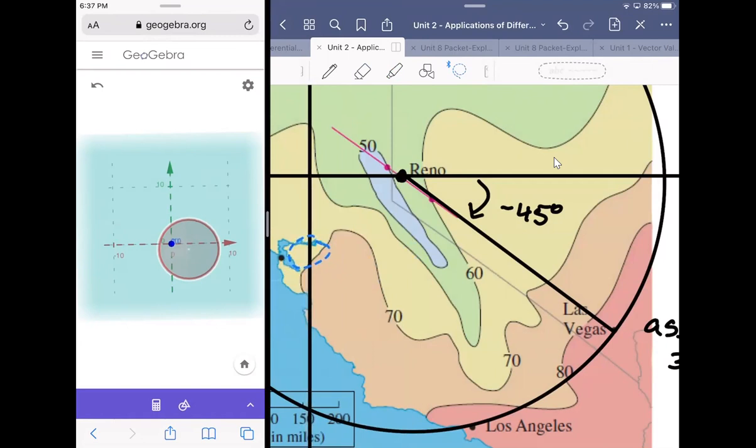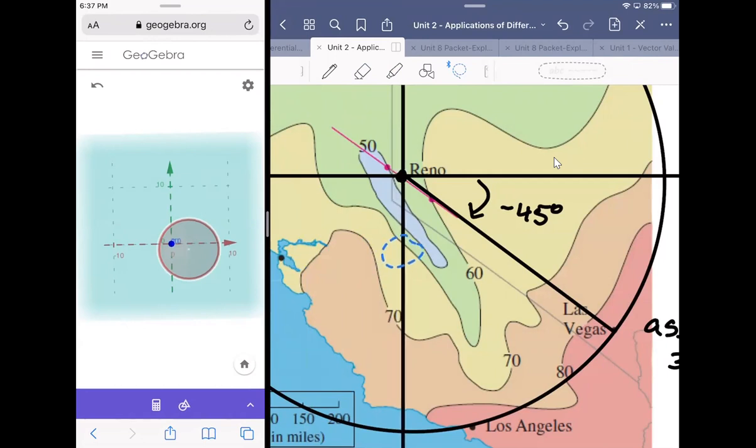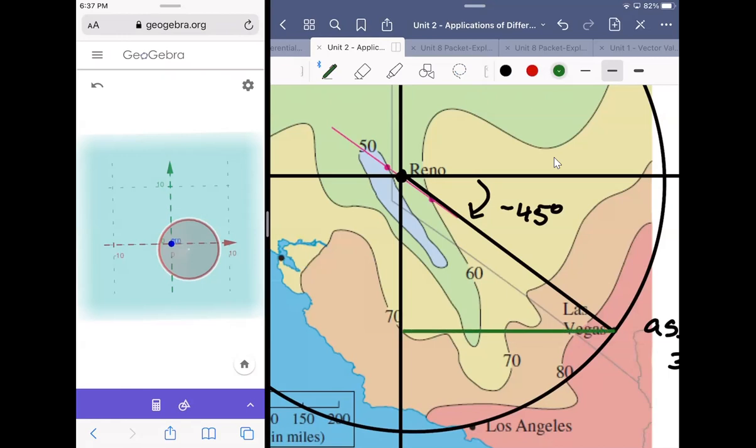If I go in the southerly direction first, you want to be thinking about what barriers we're going to be crossing over. In the southern direction, we have to get down to the level associated with Las Vegas. I'm going to make this a single dashed line. So we have a vertical movement followed by a horizontal movement.